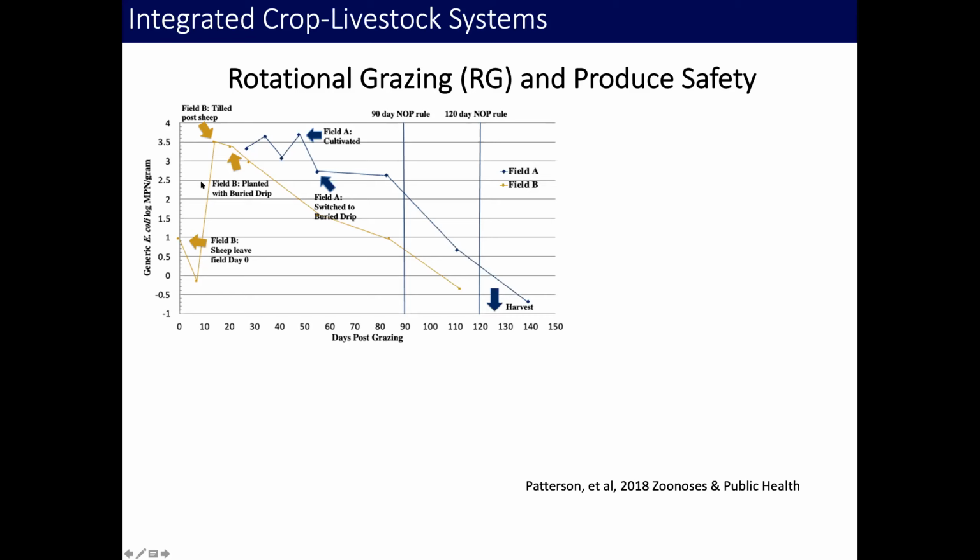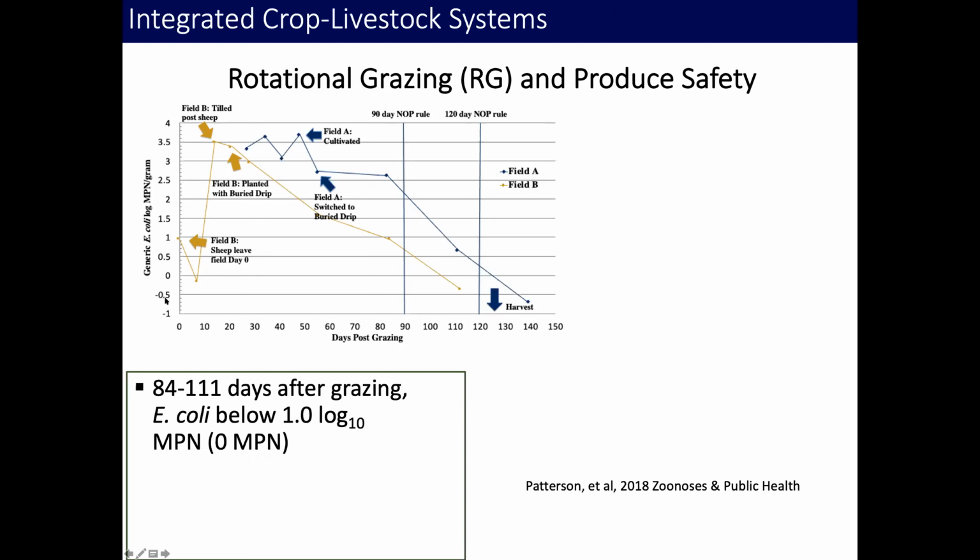In general, what you see in this graph is identical to what Dr. Milner presented earlier on. This is a nice curve, a peak and a die-off of the concentration of generic E. coli in the soil as time passed. We are in particular interested in 90 days and 120 days because that's what farmers are following in terms of the NOP. You see that between 84 to 100 days, there is a considerable decrease of the concentration of generic E. coli in the soil.